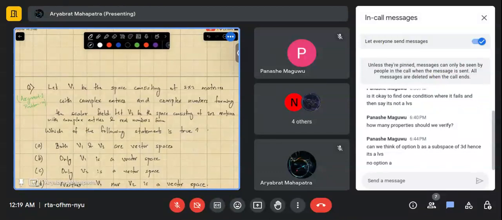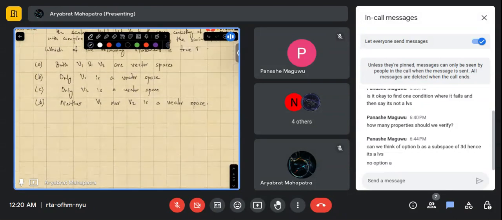So here, the real numbers form the scalar field. In case of V1, there were complex numbers forming the scalar field. So you can do the same exercise again.